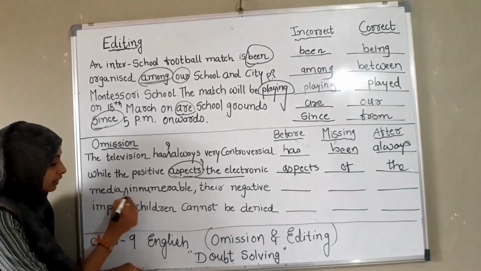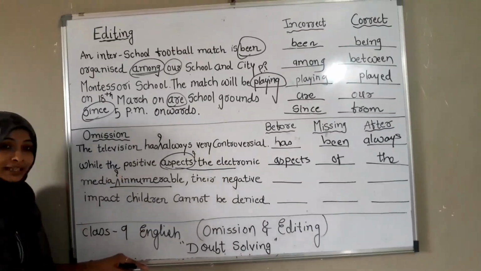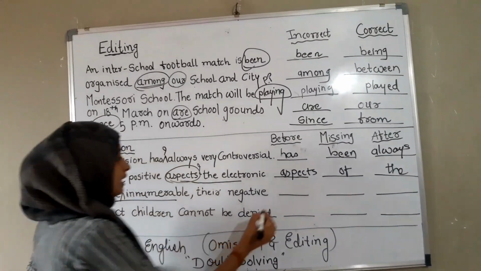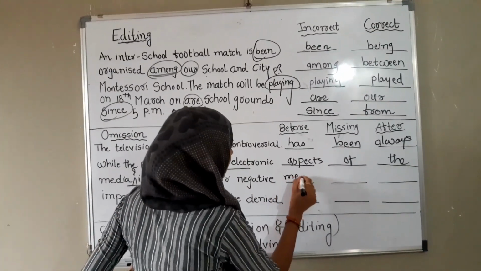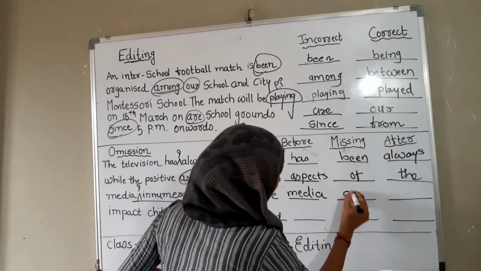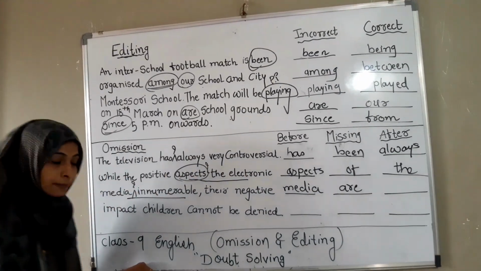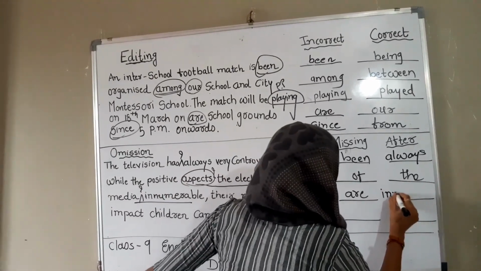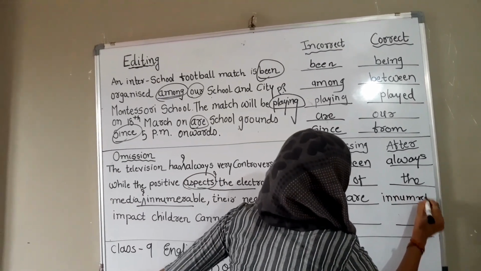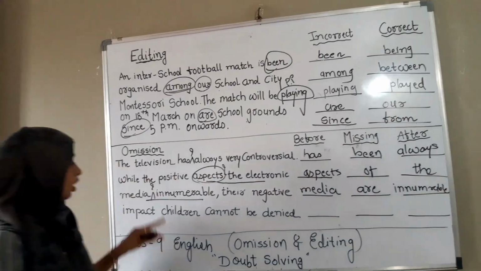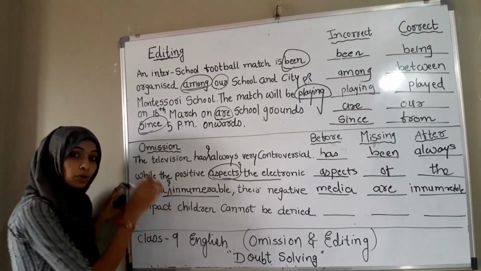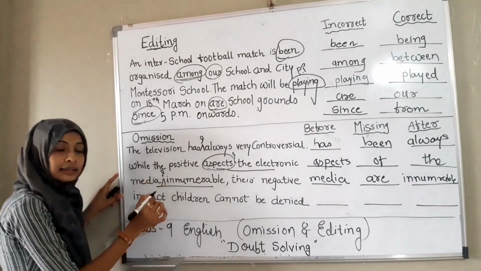So in between these two, one word is omitted. Which word is omitted here? Media are innumerable will come here. Understood? Aspects is a plural, that's why here we have to add one word, that is are.